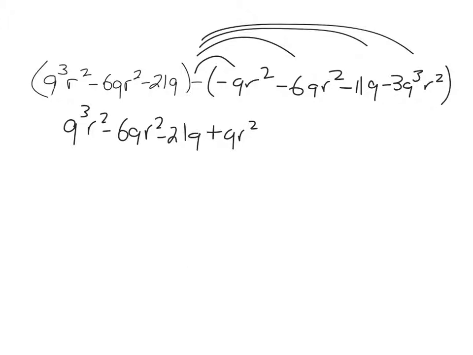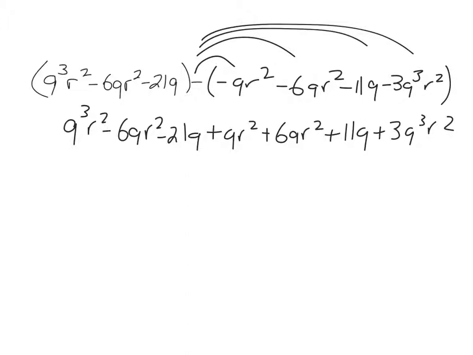Then negative 1 times a negative 6qr squared would change that to a positive 6qr squared. Then negative 1 times a negative 11q would change that to a positive 11q. And then negative 1 times that last negative monomial would change it to a positive 3q to the third r squared. And then we start combining like terms.